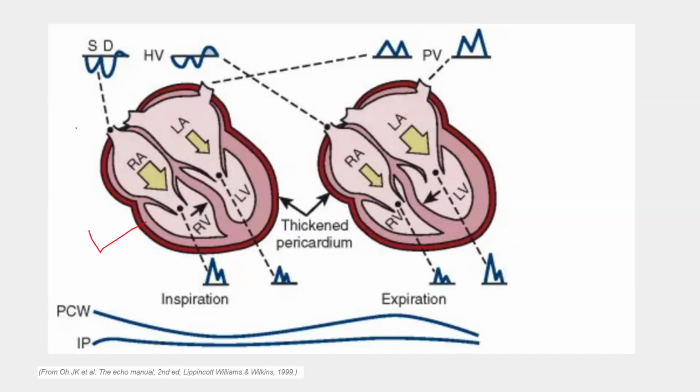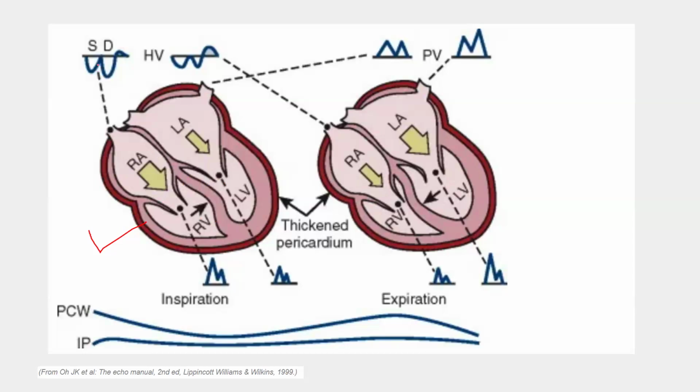During inspiration, we have a decreased pressure on the right side and increased flow to the right side. And look at the septum where it goes. It goes leftward. Okay? So what happens here?